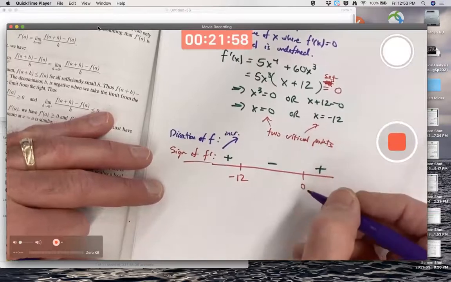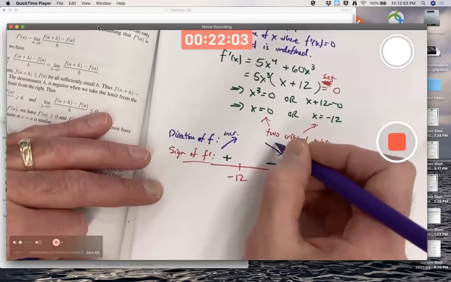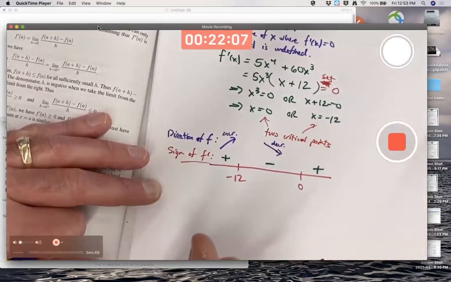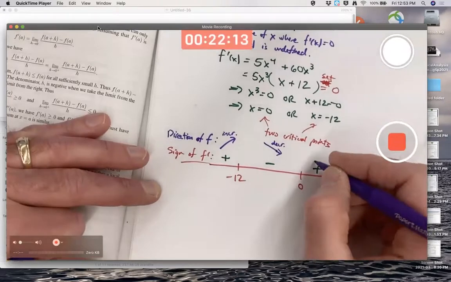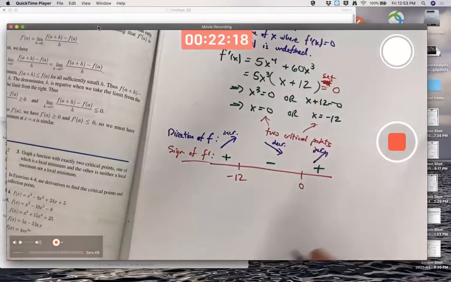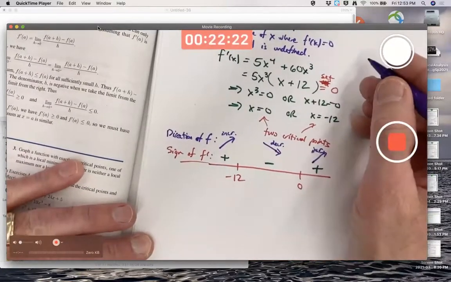The derivative is negative between negative 12 and 0, so f is decreasing. Draw a downward pointing arrow, not straight down, but down to the right, because we're also emphasizing as x is increasing. And when x is bigger than 0, the derivative is positive, f is increasing. So the graph of f, which I'm not drawing yet, has to go up, then down, then back up.